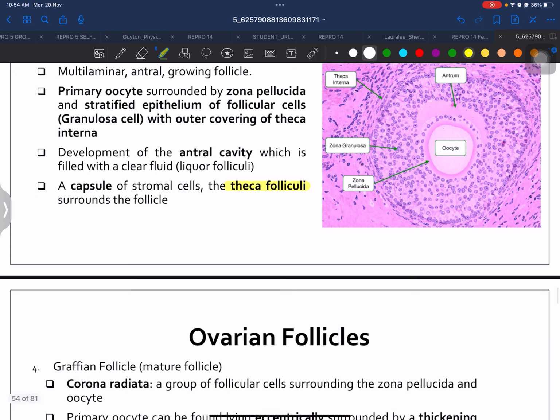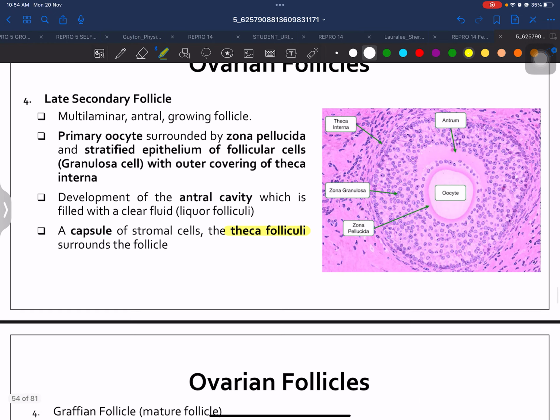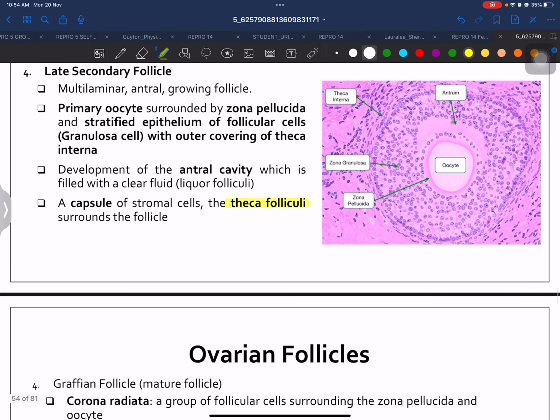In the late secondary follicle we start to have the antrum. Just now, was there an antrum here? No. At the late secondary follicle we start to have the antrum. These are the antral cavities, containing clear fluid, the liquor folliculi.